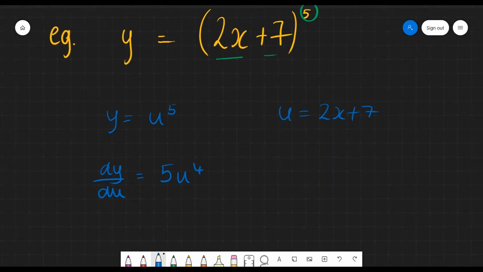And our second equation, we would differentiate u with respect to x, as u is a function of x, which would just become 2.